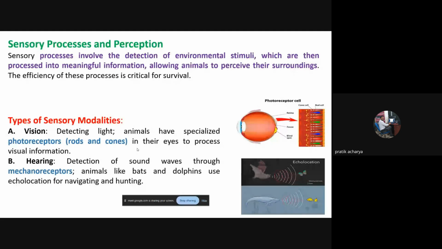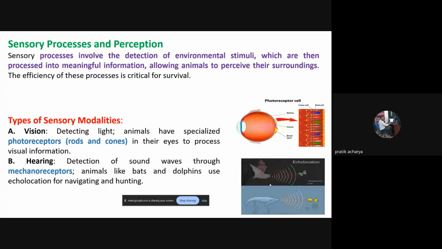Another modality is the hearing modality. Hearing modality means detection of sound waves through mechanoreceptors. Photoreceptors are for detection of light; detection of sound waves is by mechanoreceptors. Certain organisms, like different fishes, dolphins, and bats, use echolocation for navigating purposes.